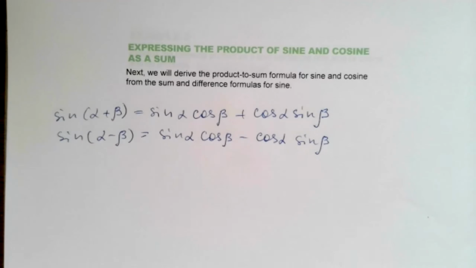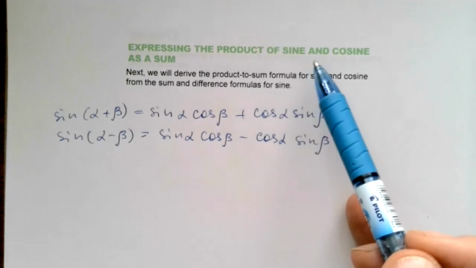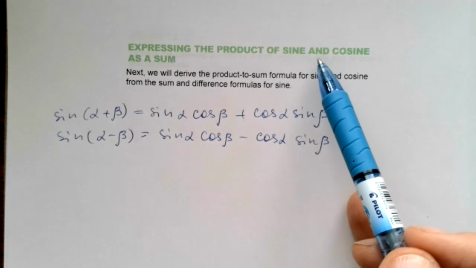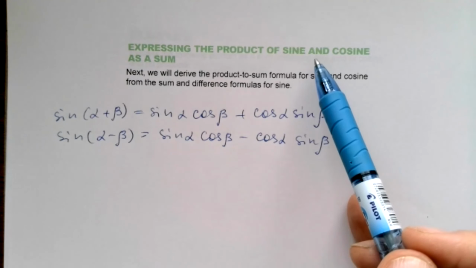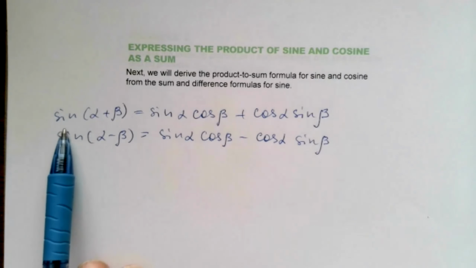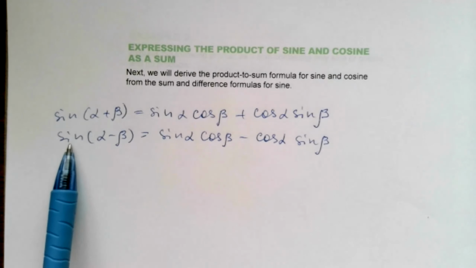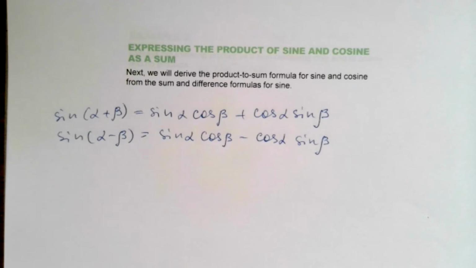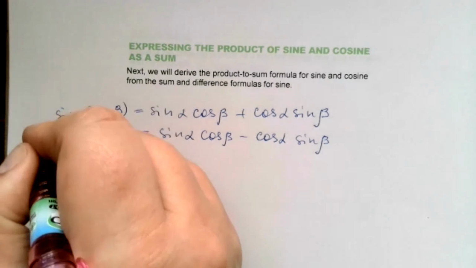So go ahead and try it, and we're going to proceed to deriving our next formula. We're going to proceed to the product of sine and cosine as a sum. Okay, so we're going to start with the sine of a sum and the sine of a difference. And just like with the previous formula, we're going to add them up.